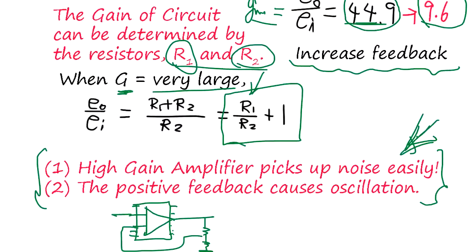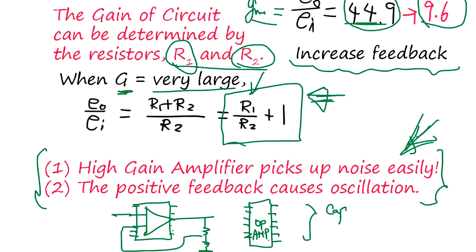Okay, so that's the technique you can learn from any analog book. Usually they talk about how to use the op-amp IC chip. The only things you cannot do are to use capacitance and inductance.